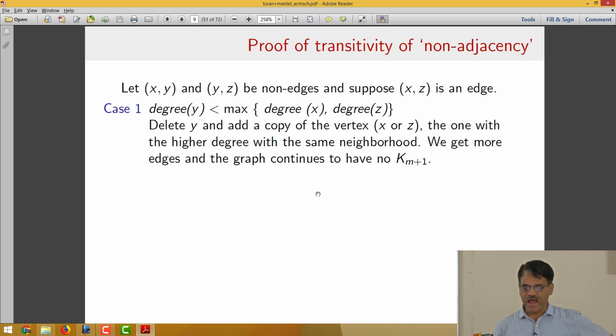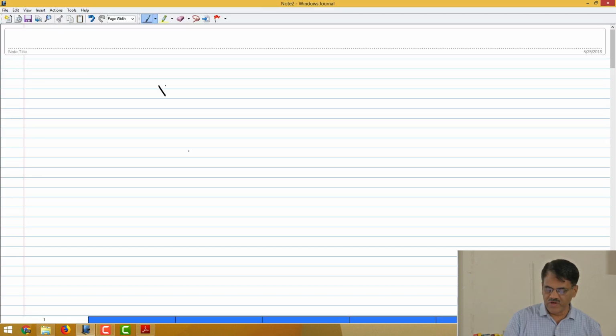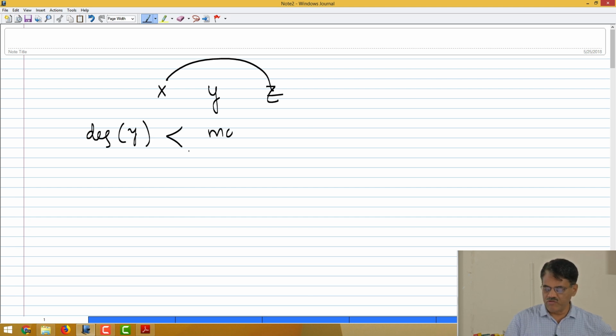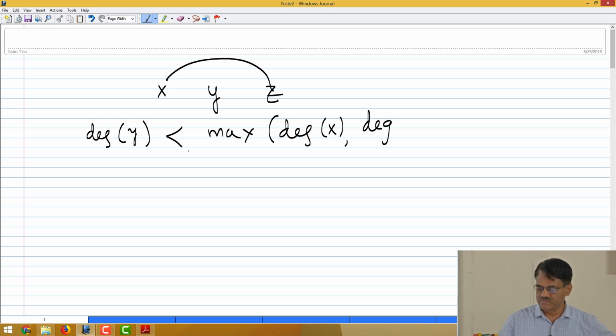So delete y and add a copy of the vertex x or z, the one with the higher degree, with the same neighborhood. Let me draw a picture. The situation we have is that xy is a non-edge, yz is a non-edge, but xz is an edge, and the degree of y is strictly less than the max of the degrees of x and z.